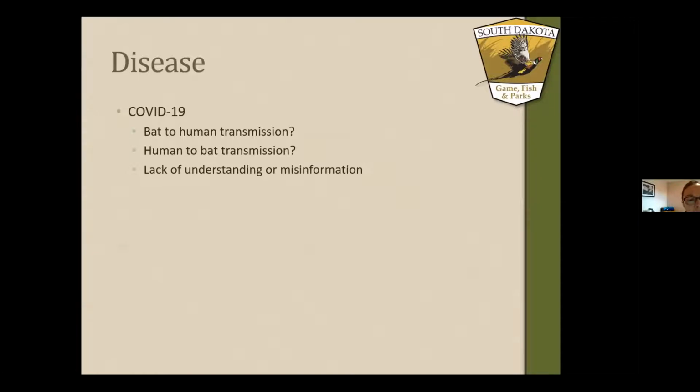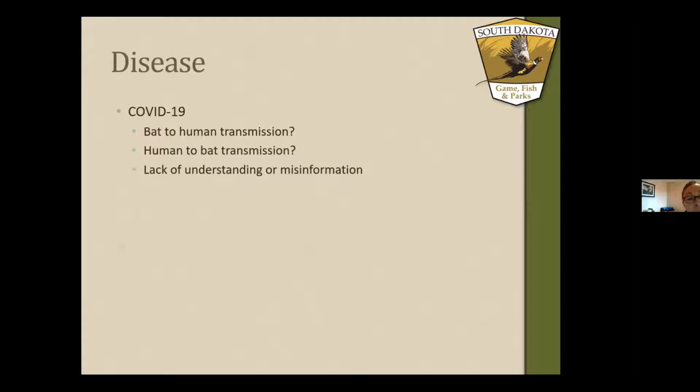The genetic similarity of the virus that causes COVID-19 to the one that causes SARS, which is known to have come from bats, is what has led people to say that the virus causing COVID-19 is from bats. I don't think that has been proven to this point. There's a lot of evidence that suggests it is, but there's still more to be learned about that.